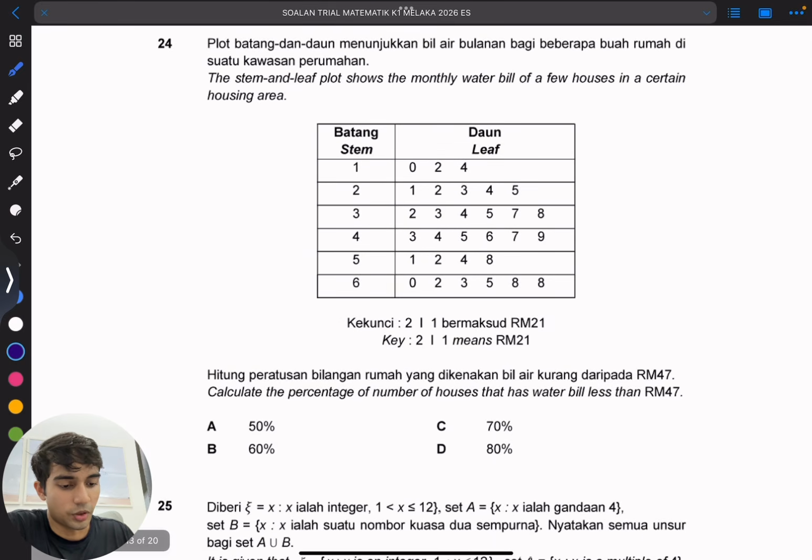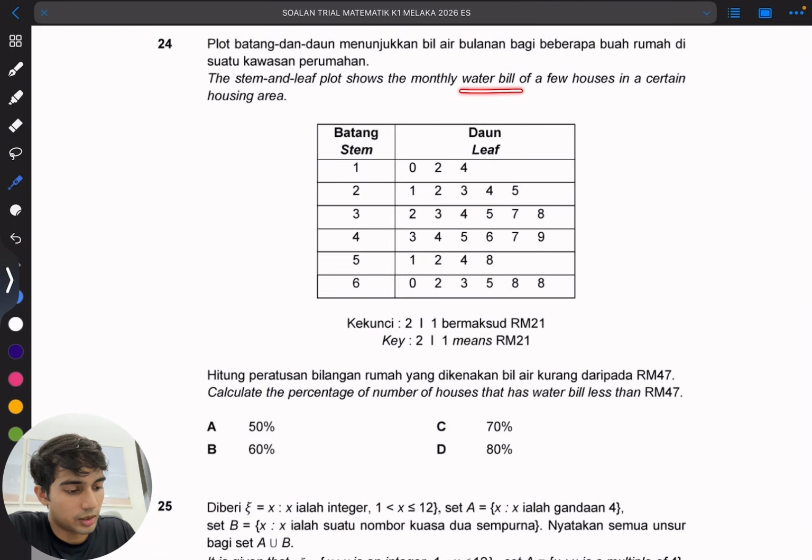24. The stem and leaf plot shows the monthly water bill of a few houses in a certain housing area. So 2 | 1 means 21 ringgit. Calculate the percentage of number of houses that has a water bill less than 47 ringgit. So 47 is here. Less than 47 is anything below here.